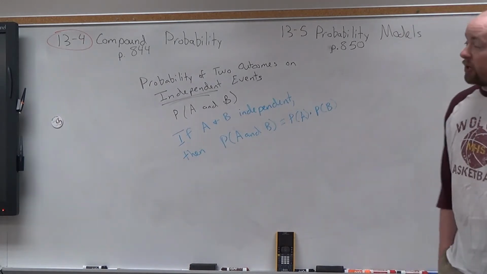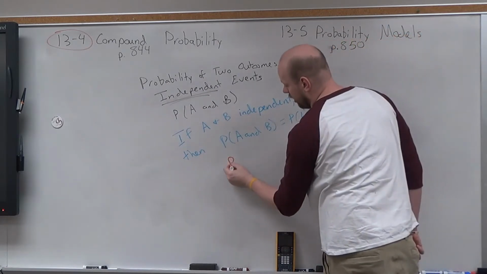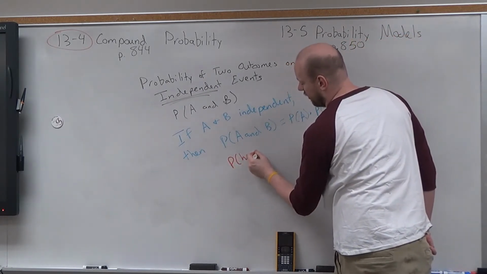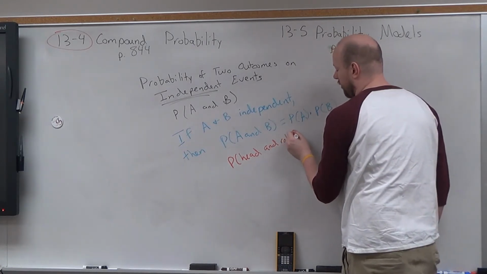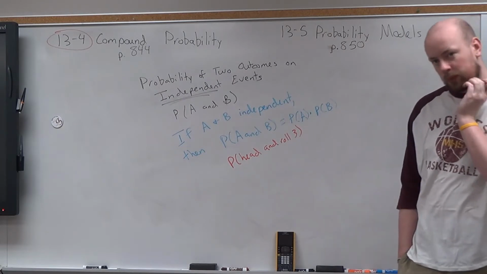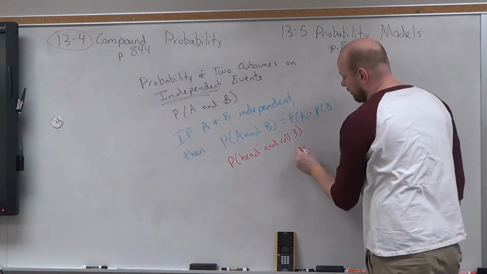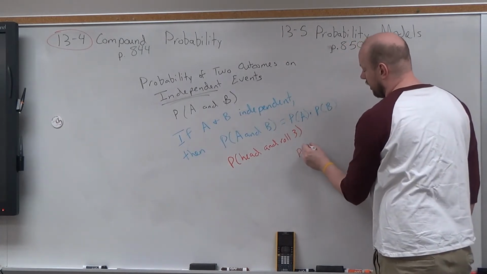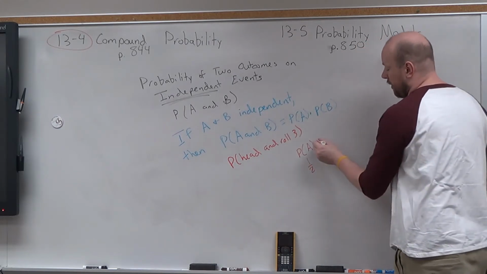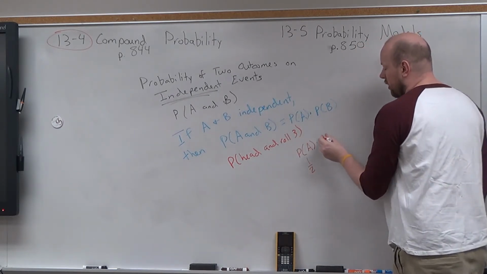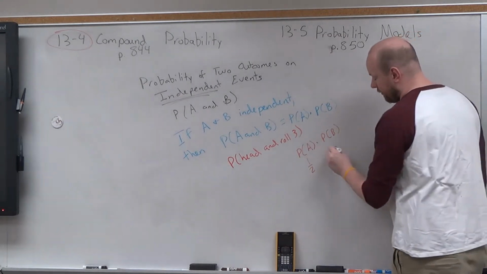So, for example, if I were trying to find the probability that I would get a heads if I flipped a coin, and I would roll a 3 on the dice. I'd flip a heads, which would be 1/2, the probability of A. And then I would multiply by the probability I'd roll a 3, which would be the probability of B. In this case, rolling a 3, that's 1 out of 6.